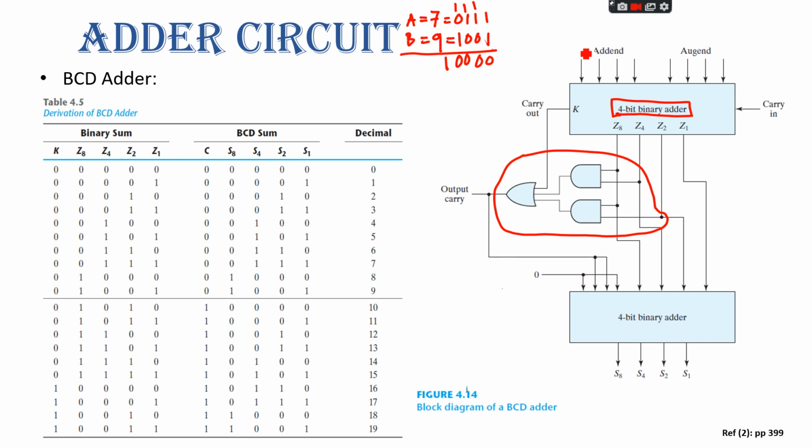So if you put 0111 here, which gives you 7, and if you put 9 here, 1001, the output of this circuit would be these 4 bits, 0000, and the carry should be 1, right? Yes, sir. So these 4 bits will come here as they are, 0000.